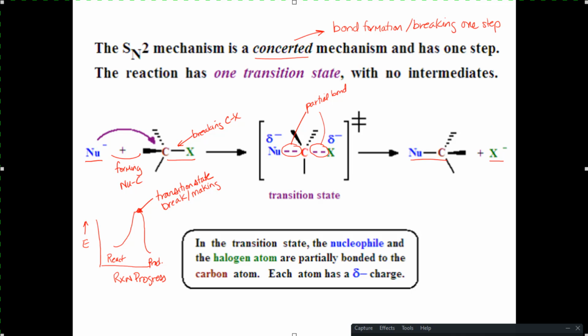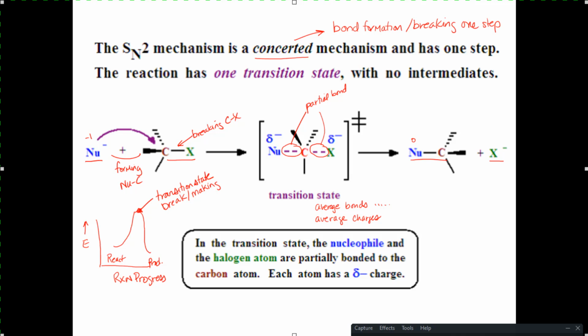So when we write the transition state, we're going to average the bonds, and partial bonds are going to get a dotted or dashed line, as shown here. We're also going to average the charges, just like we did for a resonance hybrid. In this case, we're going from a -1 charge to 0, and we're going to indicate that as delta minus, some charge.